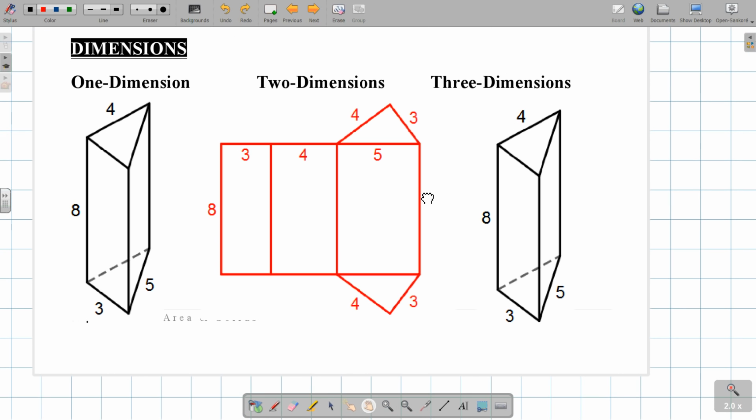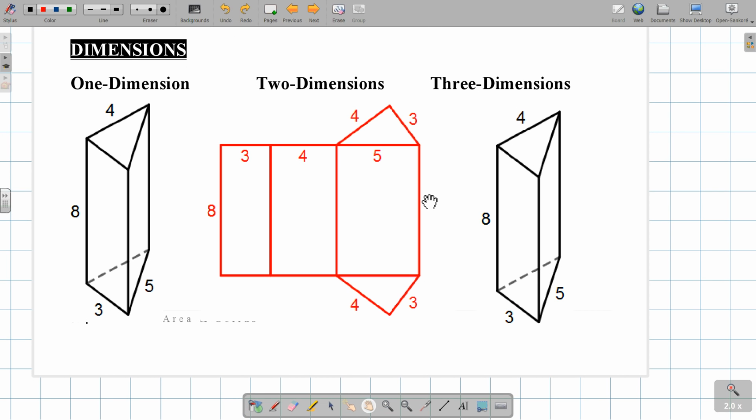Let's clarify dimensions once again. One dimension is just finding the single length of something. So if I were to trace this segment, and the length of that segment is 4, that is one dimension. Dimension is just length.